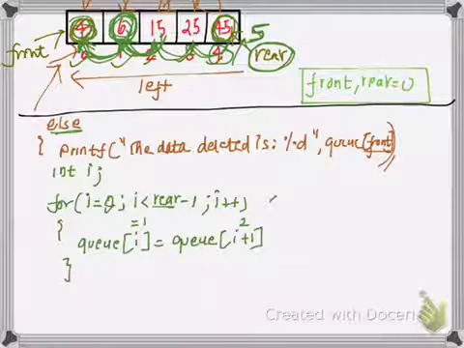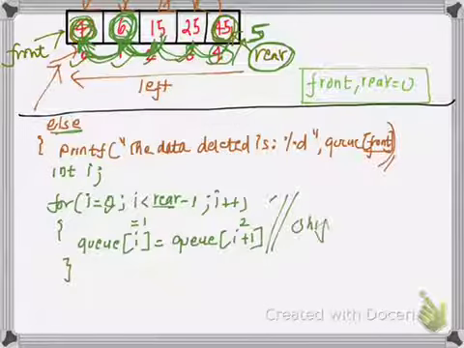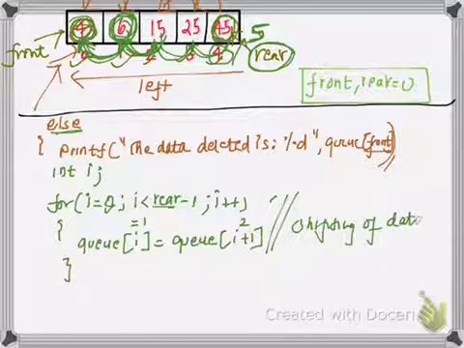So this is the loop for shifting of elements, shifting of data towards the left, and this completes our deletion part.